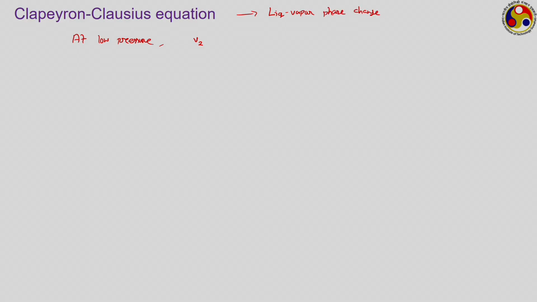Now, when we are talking about very low pressure, V2 is extremely high compared to V1, such that V12, that is V2 minus V1, can be approximated simply as V2.